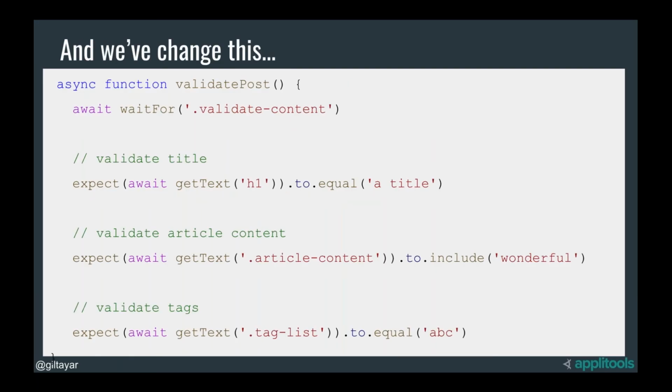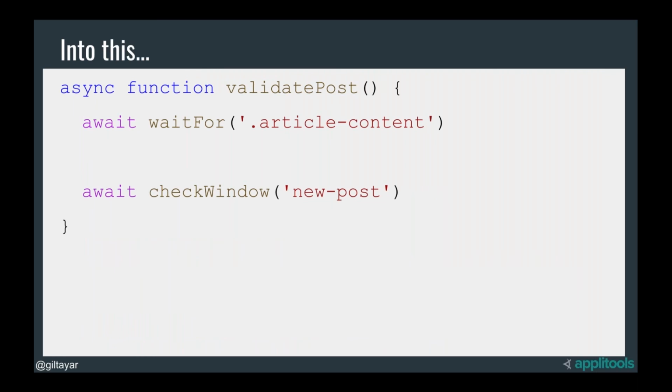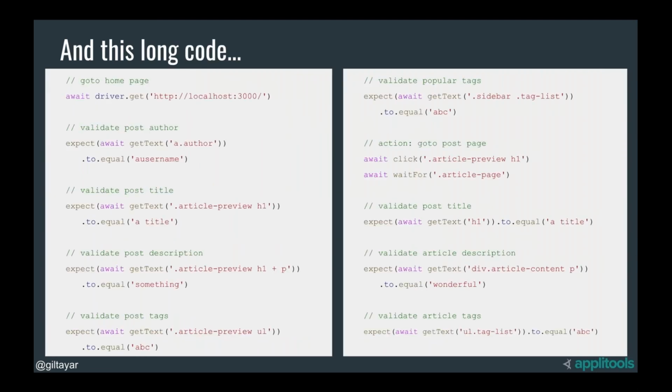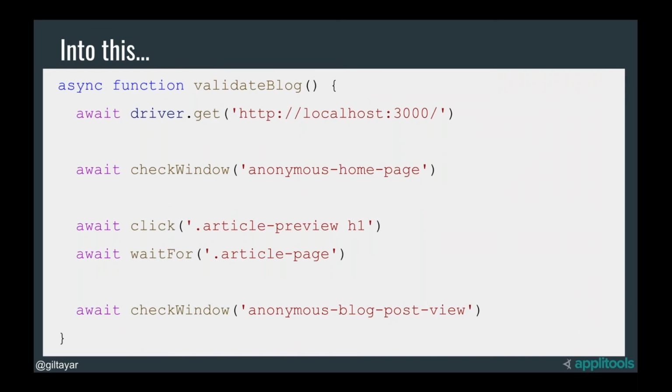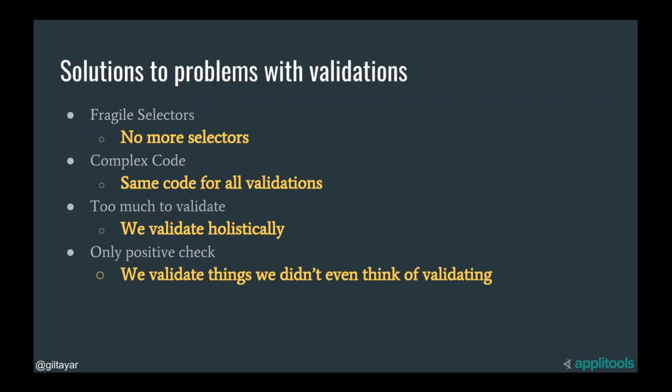And we've changed this validation code into this validation code, which is much, much simpler. And the more important thing, when we check the blog homepage, we had lots of validations, and they were just a subset. We've changed that into a very simple click, check, and we're done. We've taken all the validation code and made it simple by using one line.